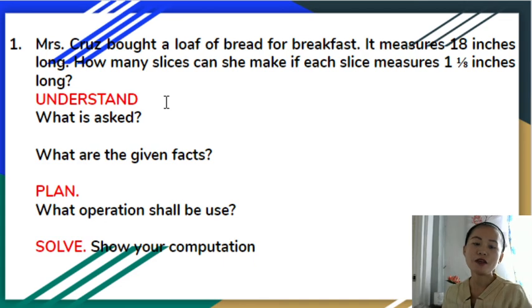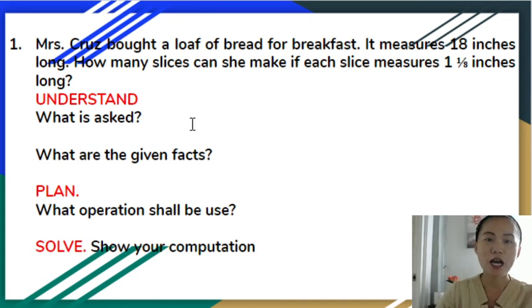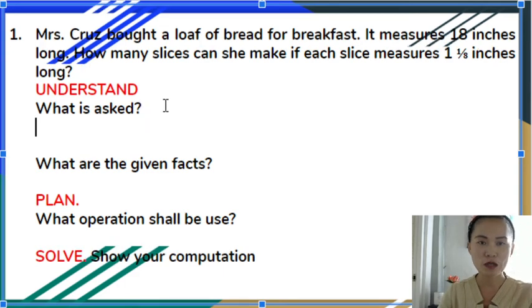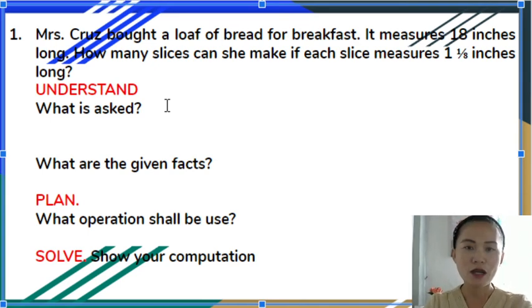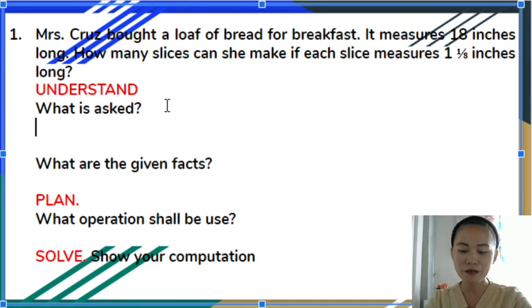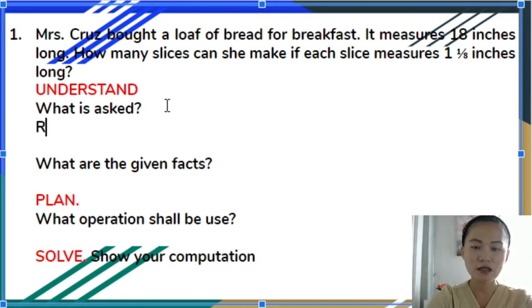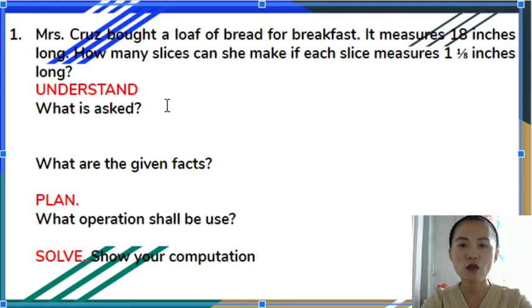So, first you're going to understand what is being asked. Ano ang tinatanong sa ating problem? Always remember, kapag tayo ay tinatanong ng what is being asked, hindi yung tanong na nakapaloob doon sa word problem ang isasagot.